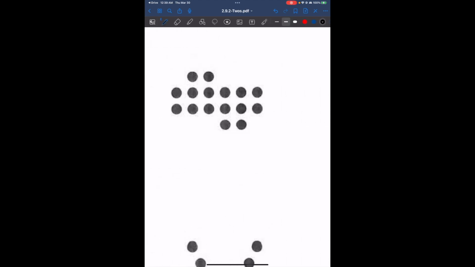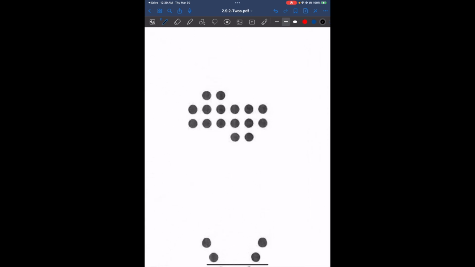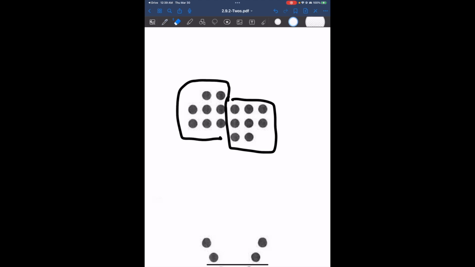Now here again, since the way that the dots are grouped makes it hard for us to group it into two whole groups, we're going to group it into multiple groups of 2 dots. And that does work out without any remainders, so it's an even number of dots. And if you guys can see this, this is also another way of grouping the dots into 2 groups.